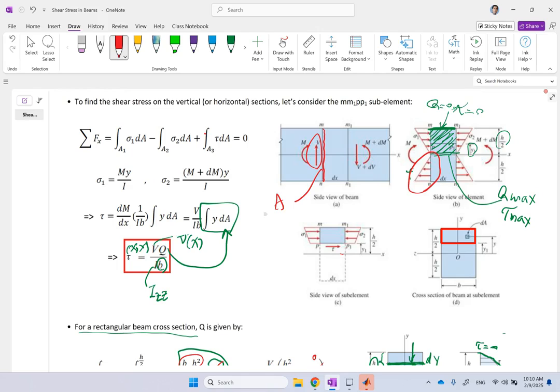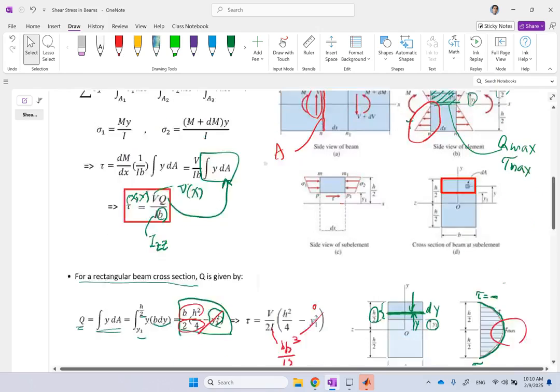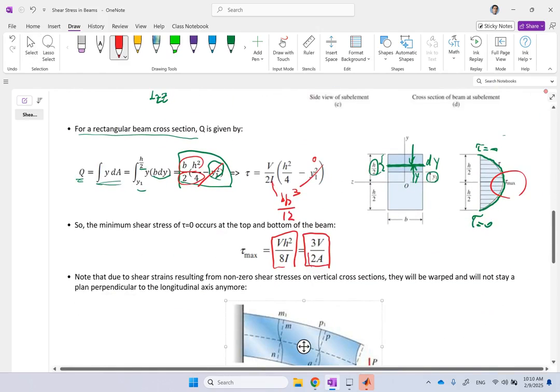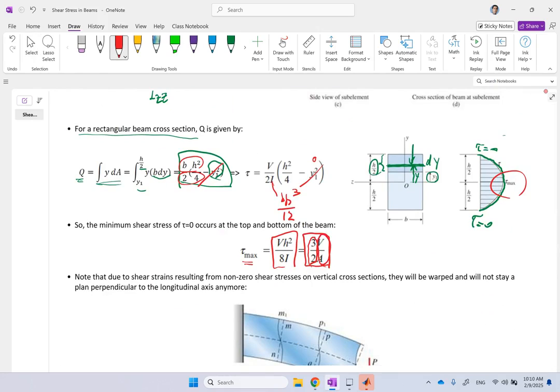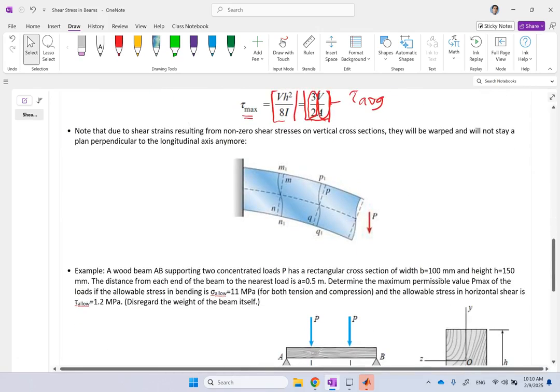So if you divide the entire shear force by the entire cross section, that would be the average tau. But at the neutral axis, it's 3 over 2. At the top points, it's 0. So your tau max is 1.5 times tau average. And this is a formula that we use a lot.